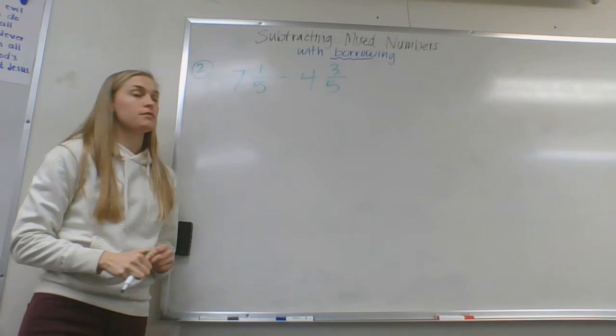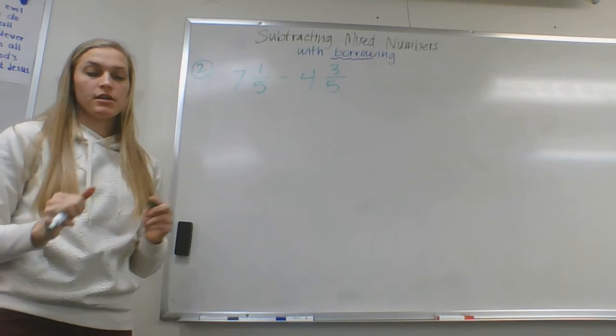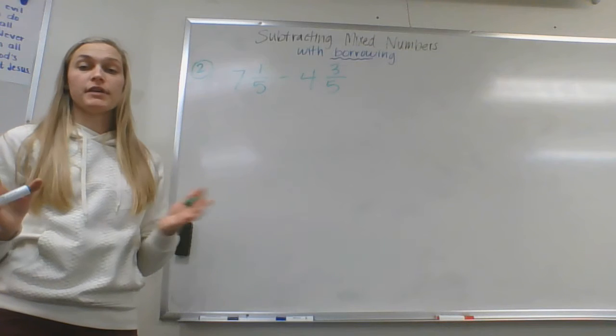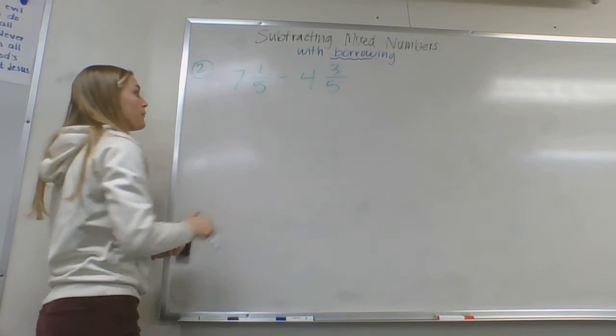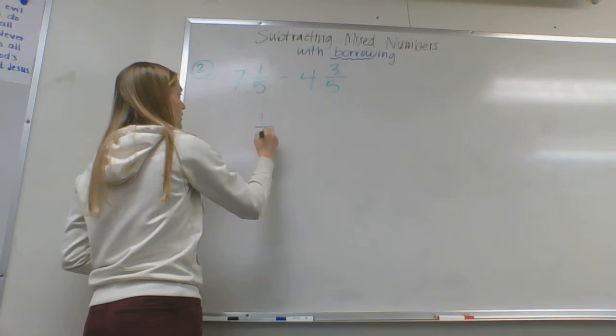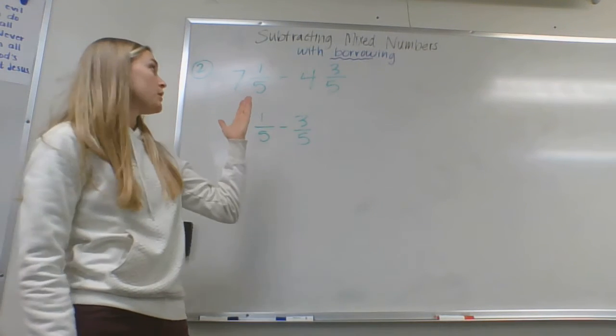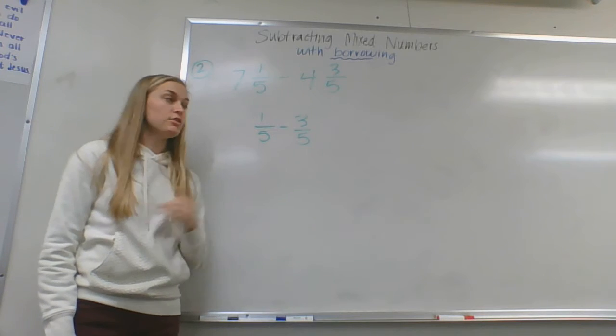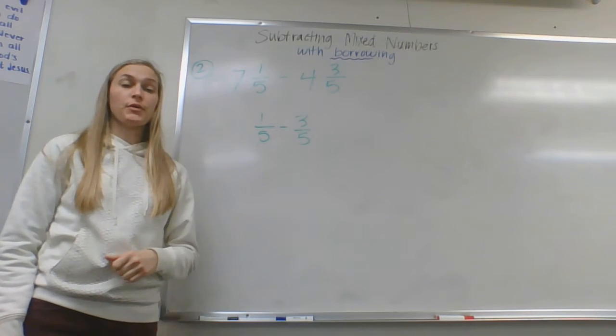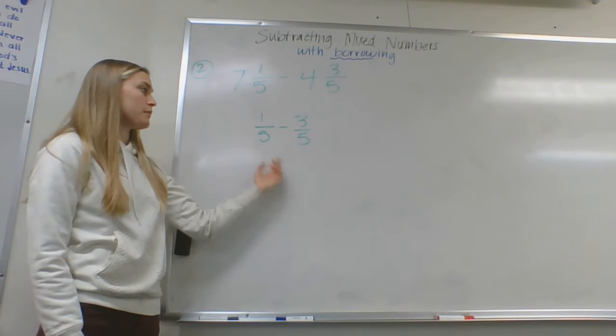All right. First step when we're subtracting mixed numbers is to subtract the fractions. So we're going to try to subtract 1/5 minus 3/5. But as you probably assume, because of today's lesson title, we're not going to be able to do that without borrowing. You can't take 3/5 away from 1/5.